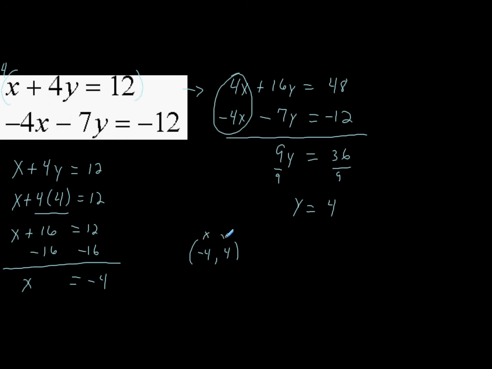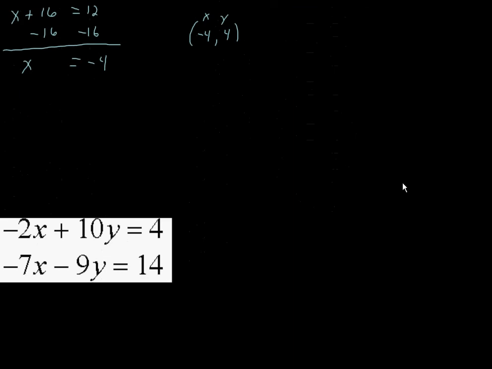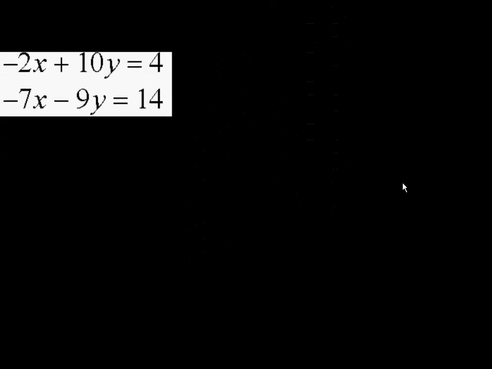Notice that in all of our problems thus far, we've always solved for the y variable or canceled out the x first. It doesn't have to be that way. You could easily cancel out the y's just as well and in the same fashion. Again, our rule is to find variables that have the same coefficient, different sign.